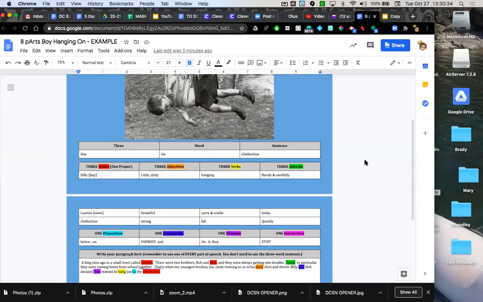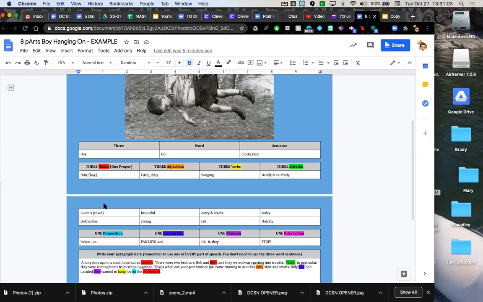With the sentences with the words, do we have to have at least one of each? Explain to me what you mean by the sentences with the words. Like the paragraph, are we supposed to have at least one of the nouns and the adjectives and the verbs, like one of those in the paragraph?